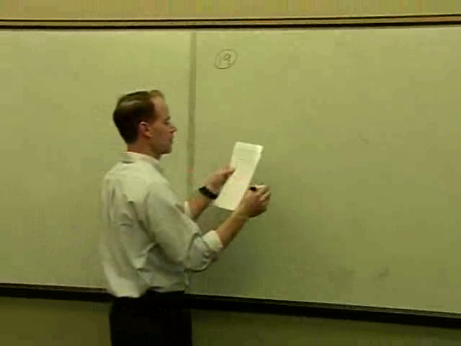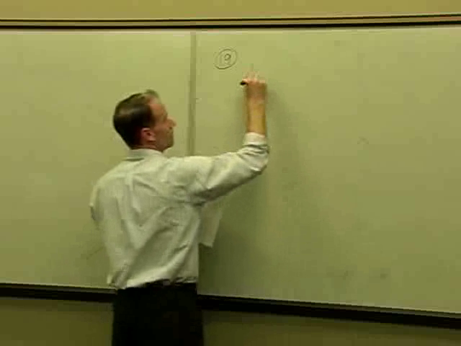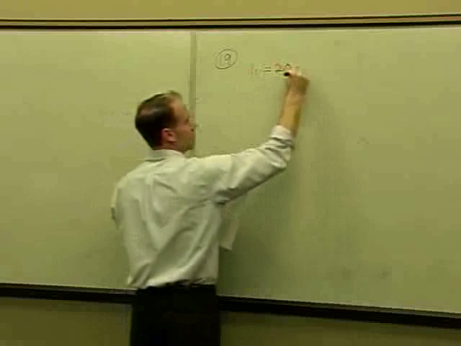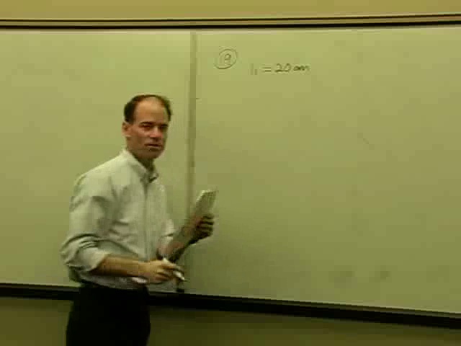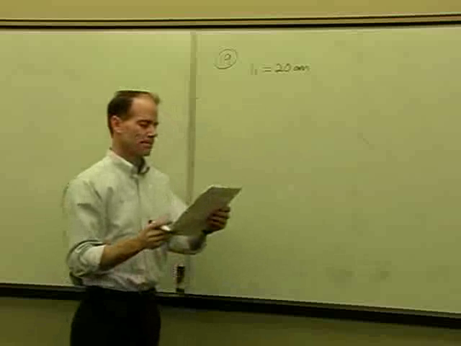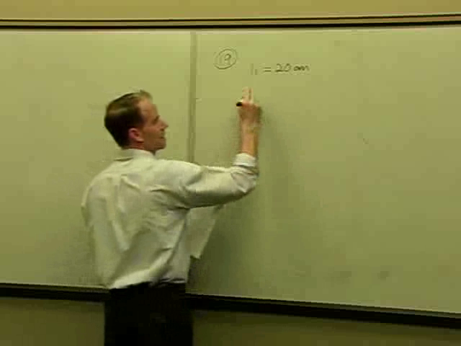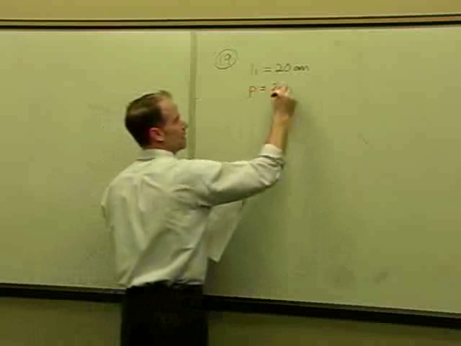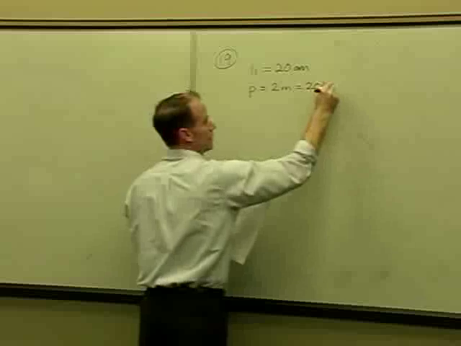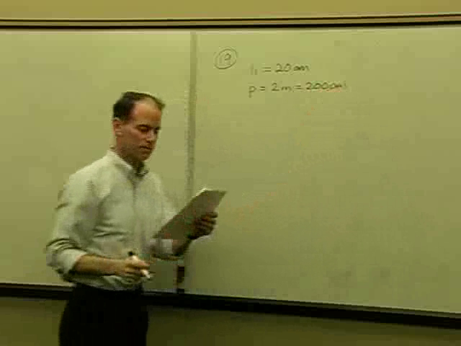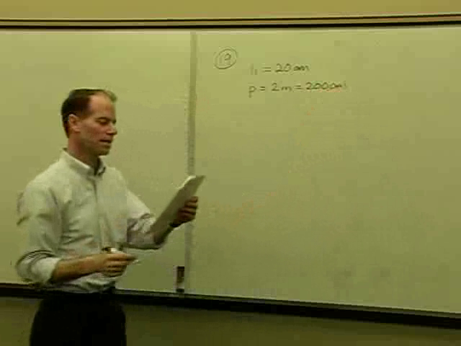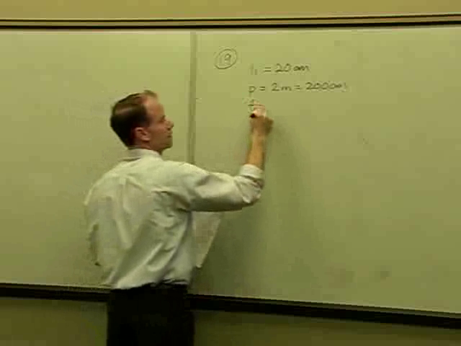The object is 20 centimeters high, so let's just write that down. Let's stay in the centimeter realm. That seems to be working. And it's placed 2 meters in front of a lens, so our object distance is 2 meters, which I'll write as 200 centimeters. And the focal length is 5 centimeters.